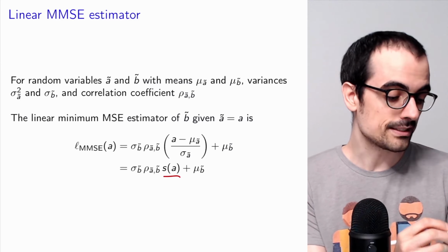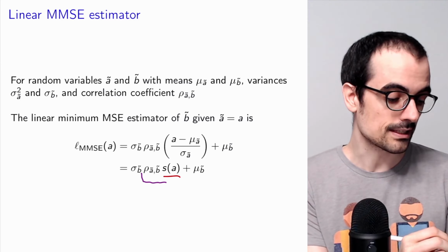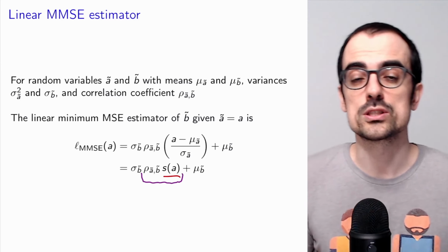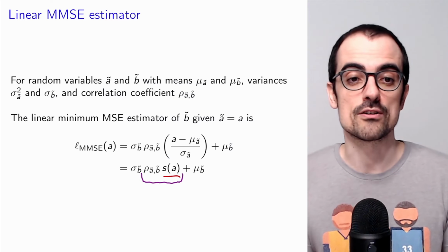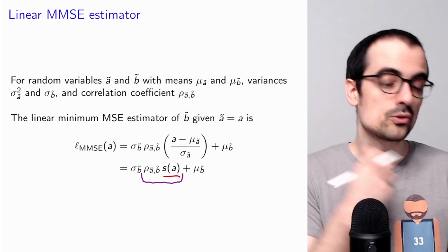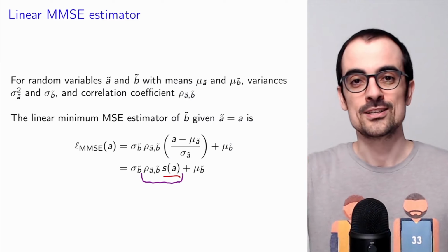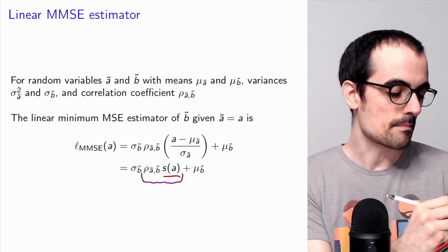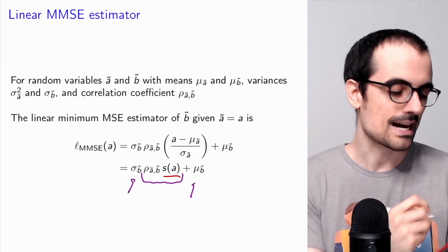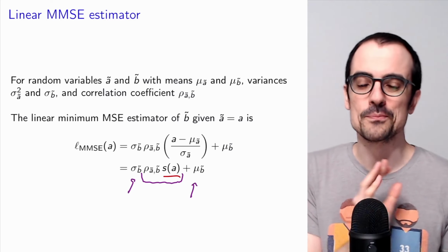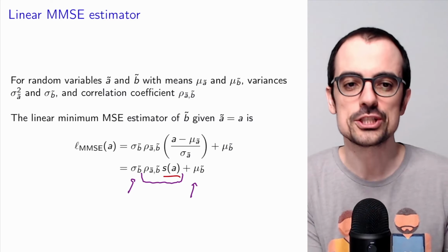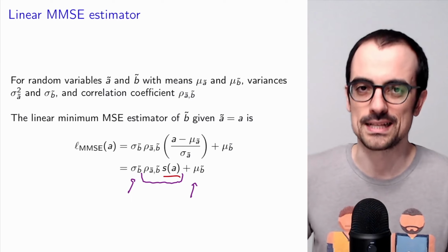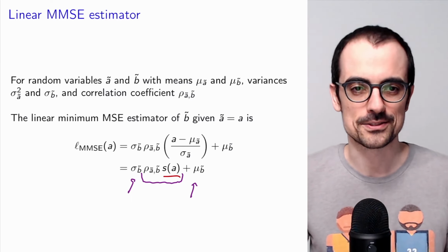Then you scale it by the correlation coefficient, and that gives you the best possible estimate of the standardized version of B. Then you just need to map that standardized version of B to an estimate of B by multiplying by the standard deviation and adding the mean. This is just to remind you of the intuition behind this somewhat complicated affine estimator.